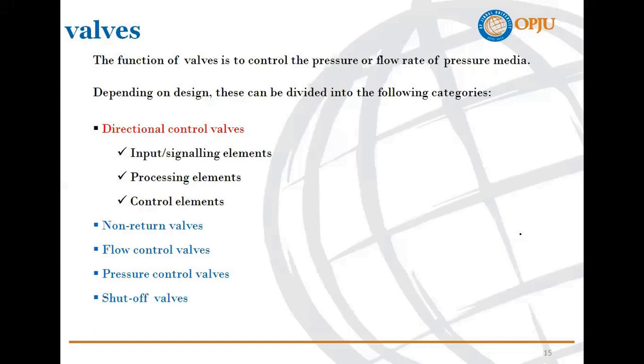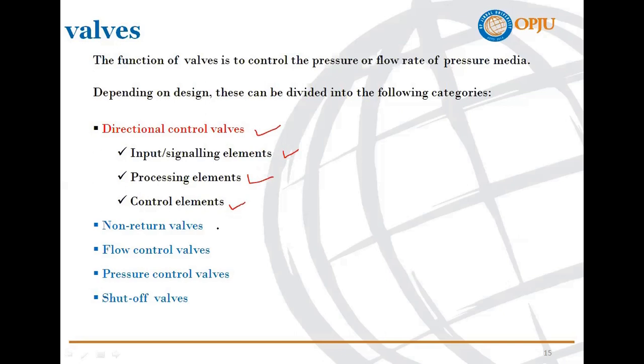The function of the valve is to control the pressure or the flow rate of the pressure medium. Depending on the design, valves can be classified as directional control valves. The directional control valve, or DC valve, can be used as an input element, a processing element, or a control element. That we will see in detail.